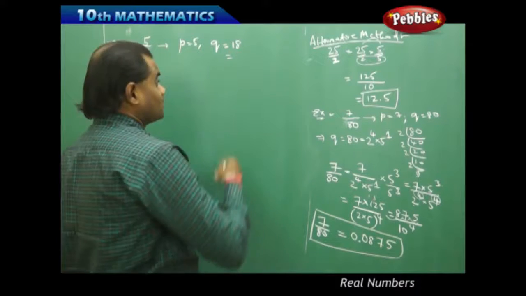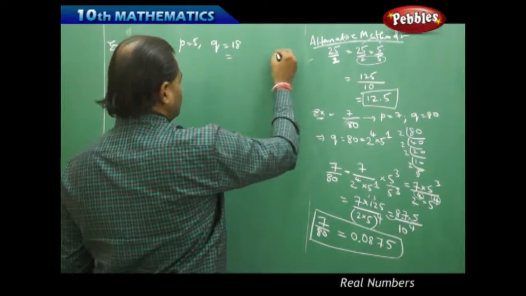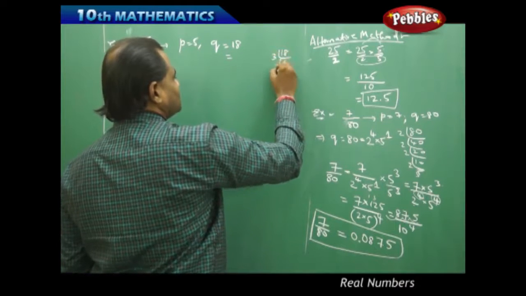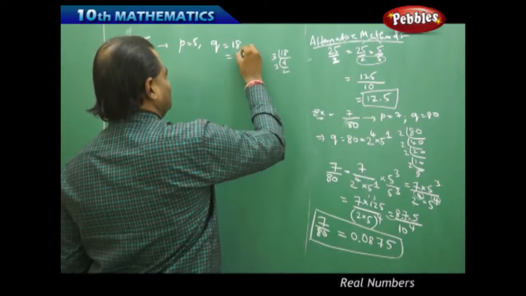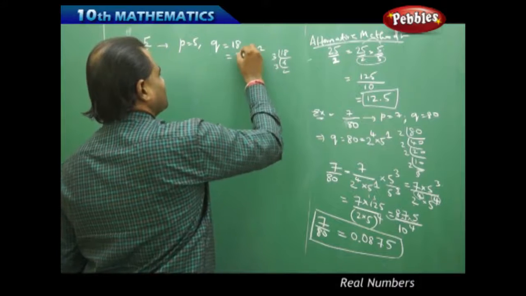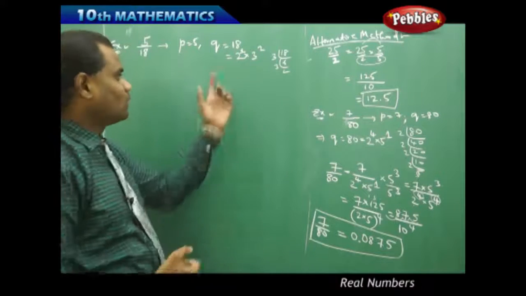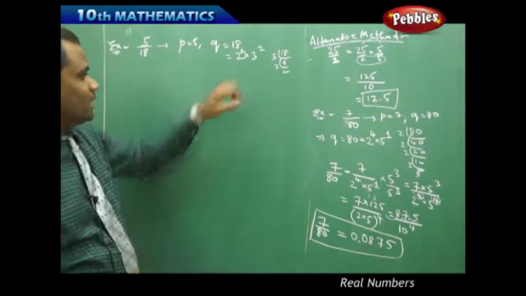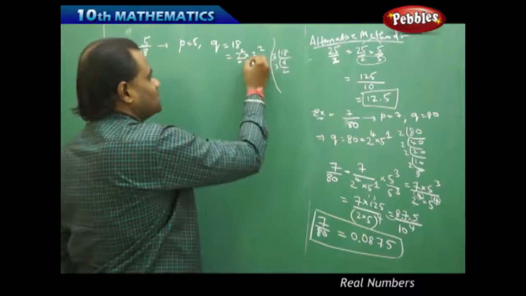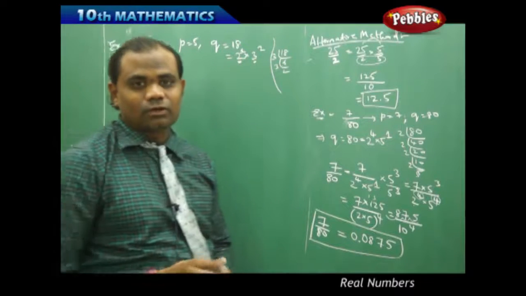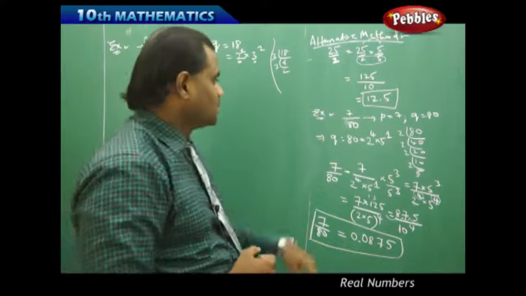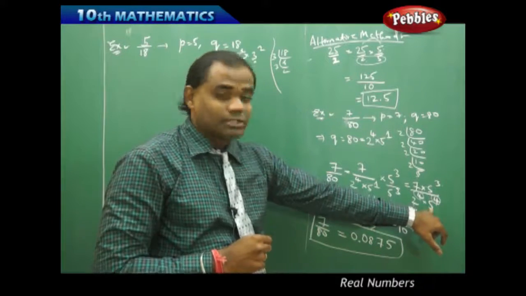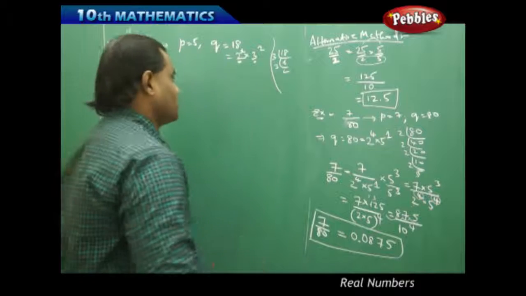So let's see if I can convert this. 18 can be written as 3 sixes, 3 twos, so 18 can be written as 2 power 1 into 3 power 2. But clearly I understand here that the primes are 2 and 3, but for terminating decimal values, I need q to be expressed in the form 2 power m into 5 power n.